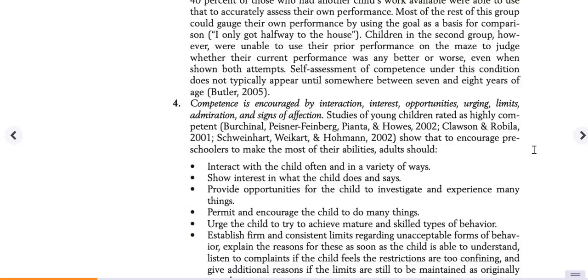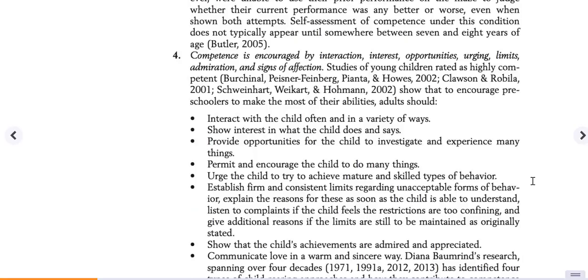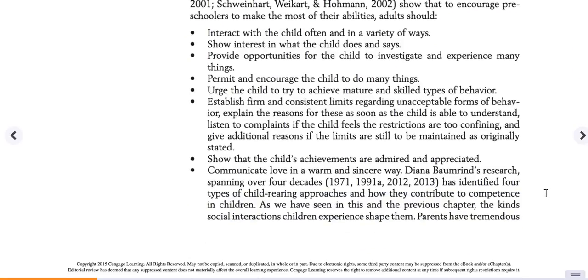Studies of young children rated as highly competent show that to encourage preschoolers to make the most of their abilities, adults should interact with the child often and in a variety of ways, should show interest in what the child does and says, provide opportunities for the child to investigate and experience many things, permit and encourage the child to do many things, urge the child to try to achieve mature and skilled types of behavior, establish firm and consistent limits regarding unacceptable forms of behavior, explain the reasons for these as soon as the child is able to understand, listen to complaints if the child feels the restrictions are too confining, and give additional reasons if the limits are still to be maintained as originally stated.